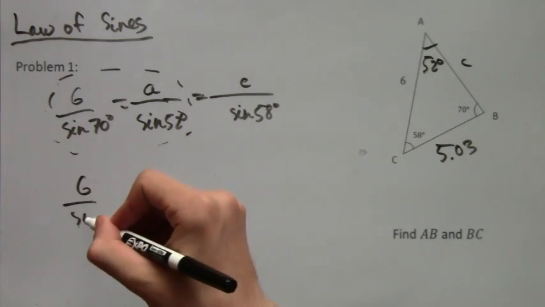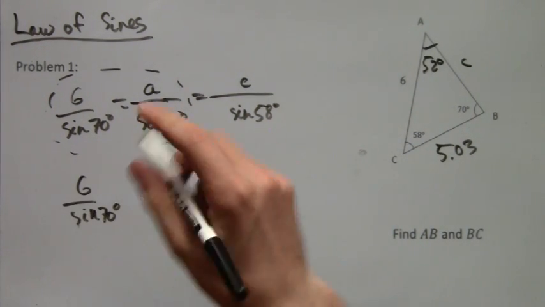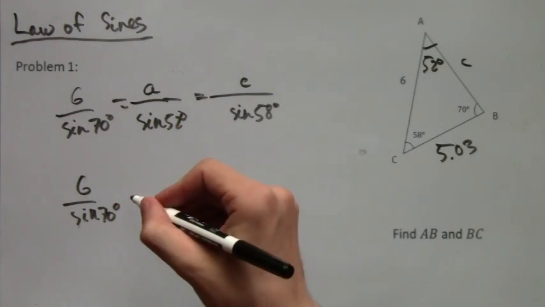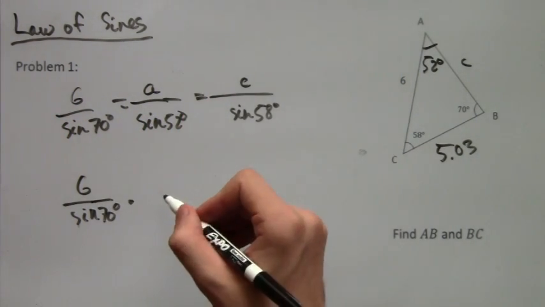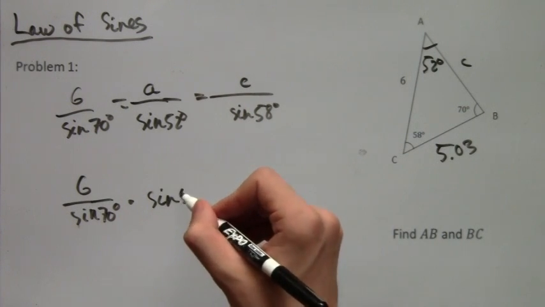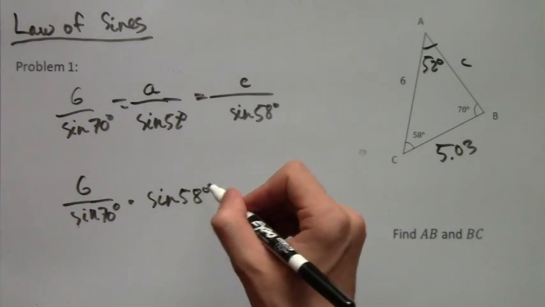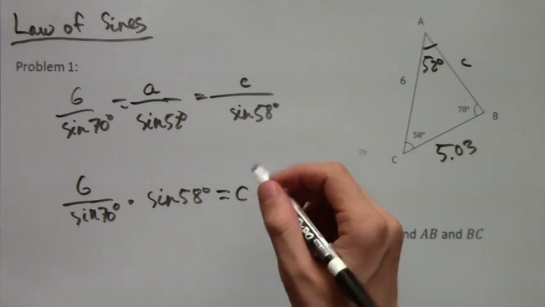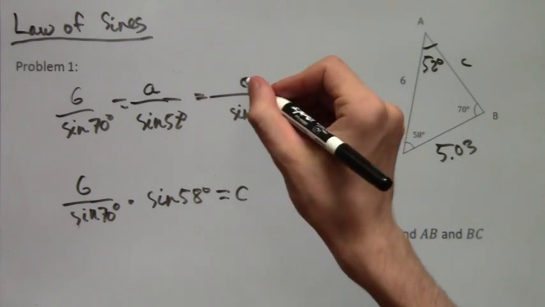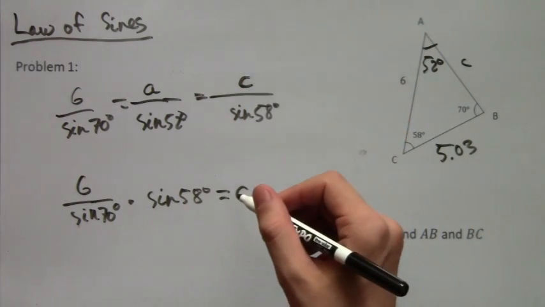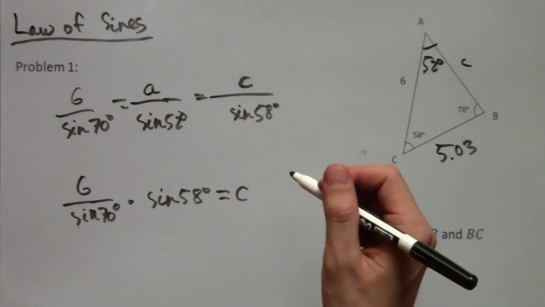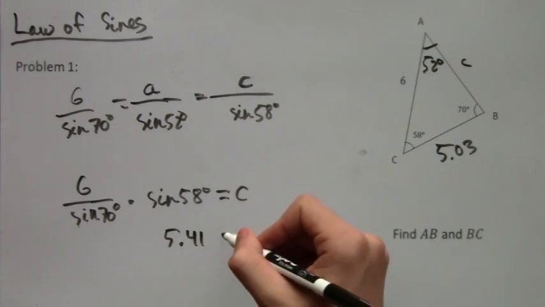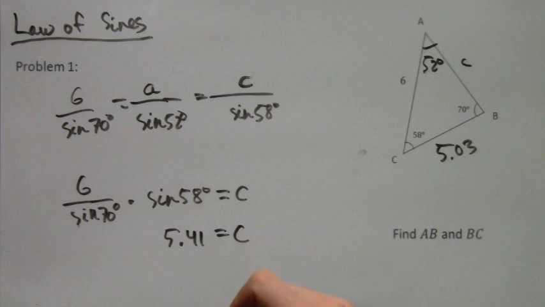So I have 6 over sine of 70 degrees, and we multiply this by sine of 58 degrees, and that equals c. Alright, so now all we gotta do is plug this into a calculator, and it will give us the decimal answer. Specifically, 5.41 is equal to c.